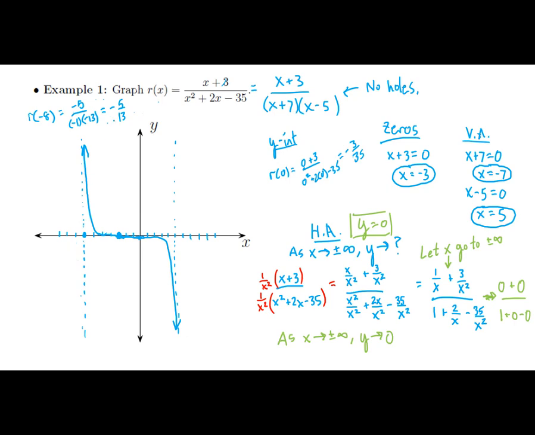So this one, and you can see it's pretty close to the x-axis, so I'm going to put it up here. And we know as x goes to negative infinity, y should be getting closer and closer to the x-axis. And so we look something like that over there. And a similar logic would say that when I switch sides of the vertical asymptote of 5, I should switch signs here.